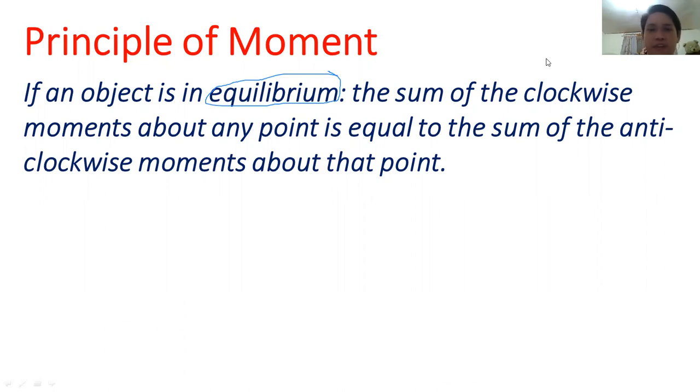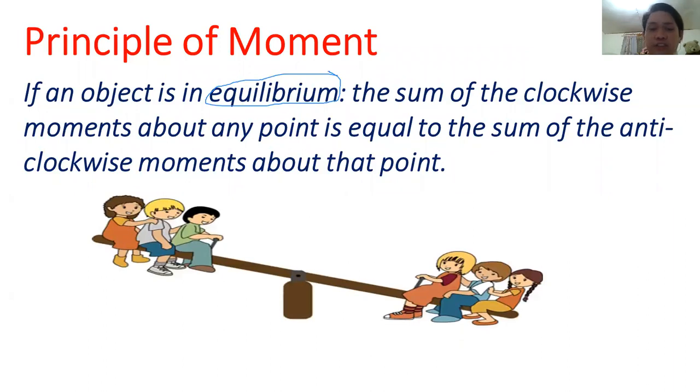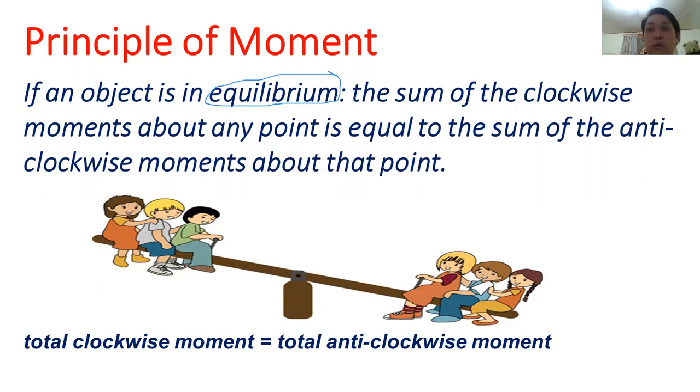As you can see in the illustration, we can write the formula as total clockwise moment is equal to total anti-clockwise moment, or we can denote it with this symbol. Since the object is in equilibrium, the total clockwise moment is equal to the total anti-clockwise moment, or we can denote it as F times D is equal to F times D, since they are equal, or in the state of equilibrium.